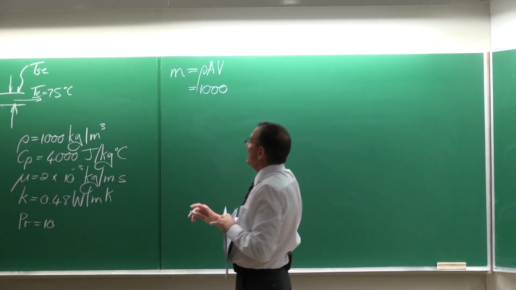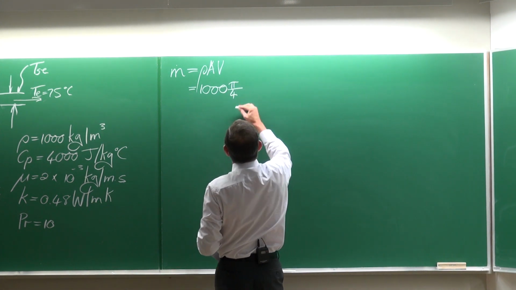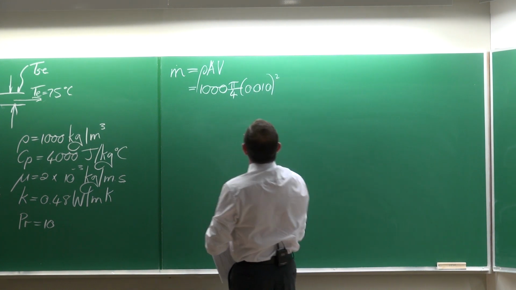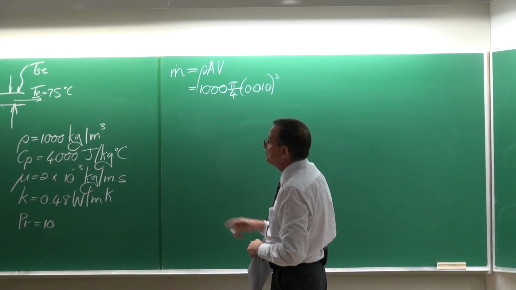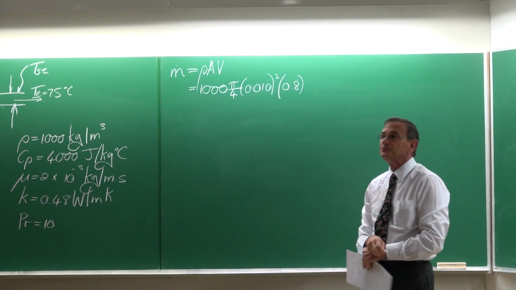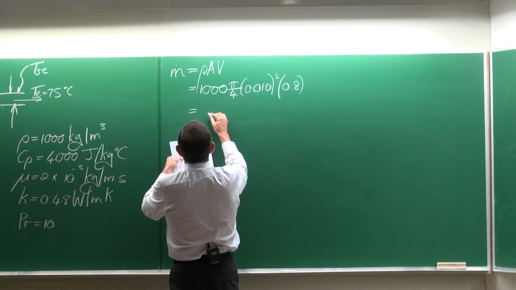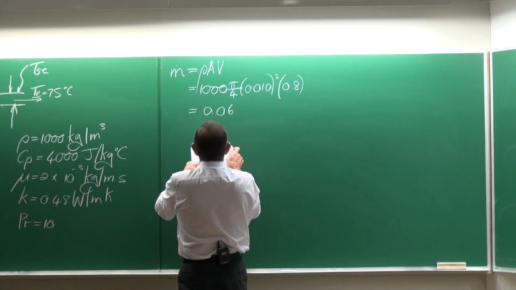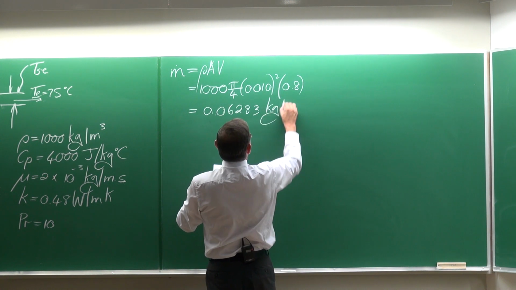The cross-sectional area is pi divided by 4 multiplied by 0.010 squared, because it's a 10 millimeter tube, and then the velocity is 0.8 meters per second. So it is quite straightforward to determine the mass flow rate as equal to 0.06283 kilograms per second.